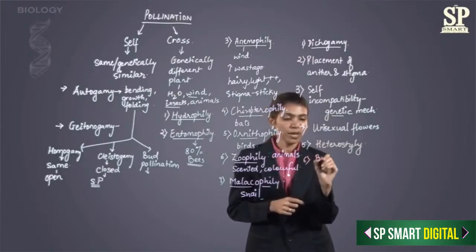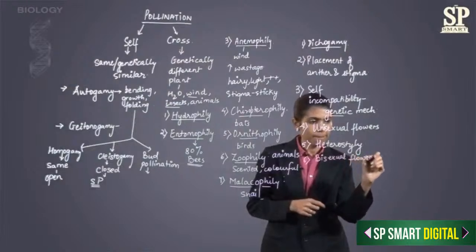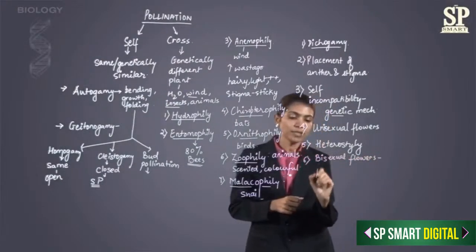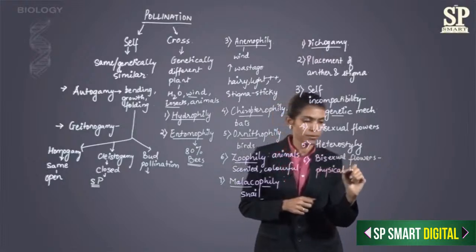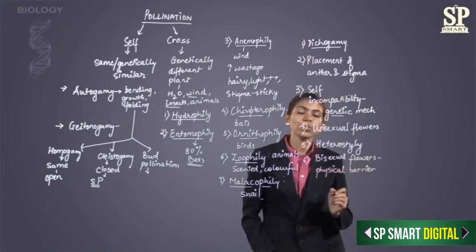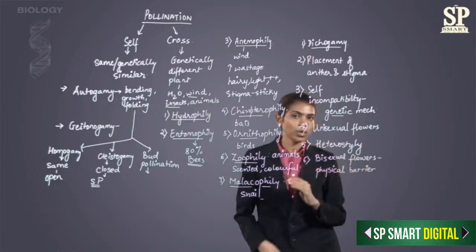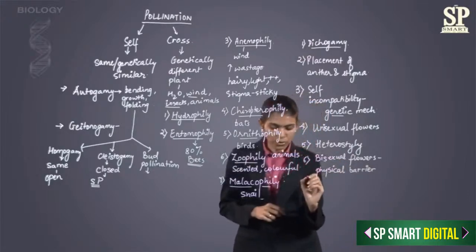In bisexual flowers, if there is a physical barrier between the anther and stigma, then too self-pollination will not be able to occur. It will be cross-pollination which occurs.